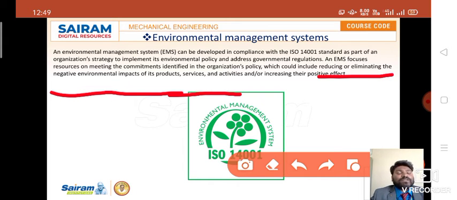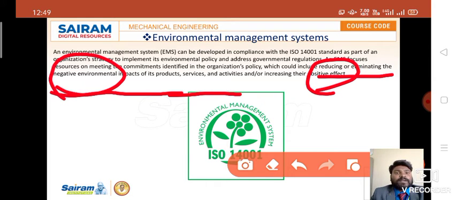The main motto of this EMS is to reduce the negative environmental impacts and to increase the positive effect.